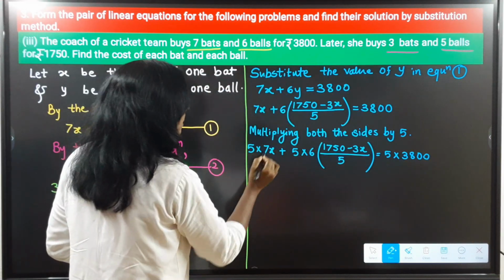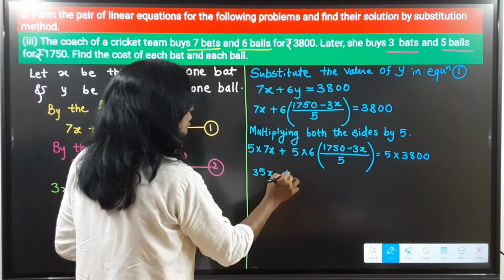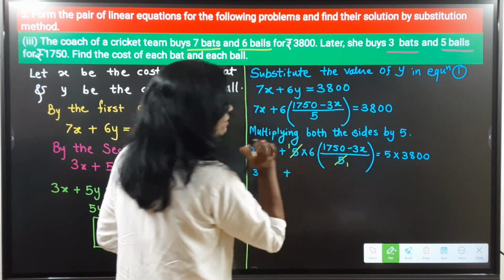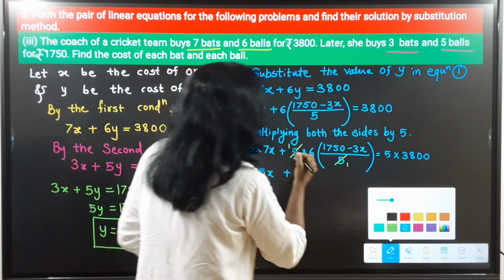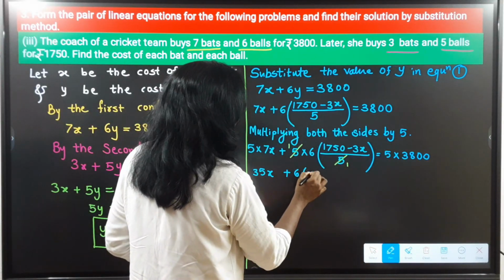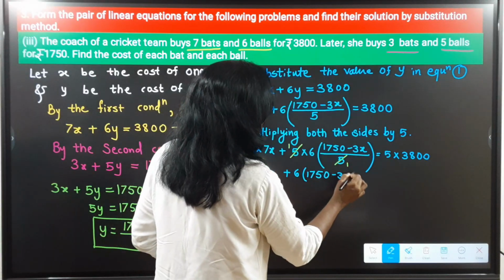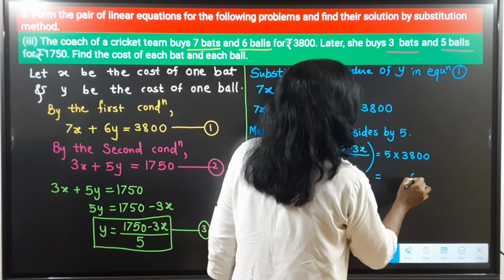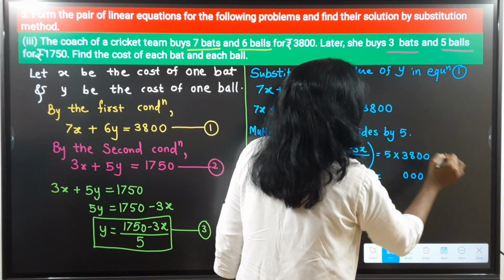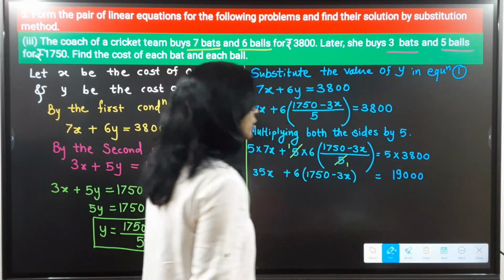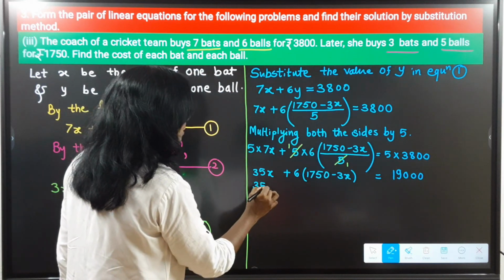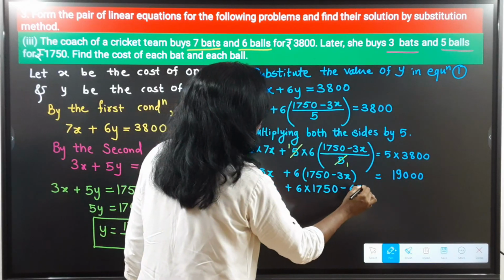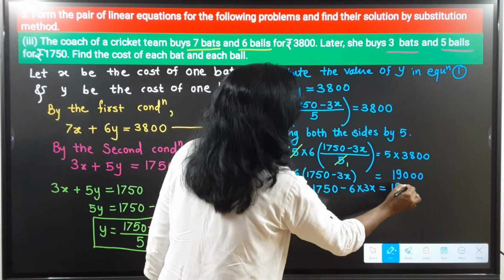Now, students, 5 sevens are 35x, plus here the 5 cancels: 5 ones are 5, here also 5 ones are 5. So 6 multiplied by (1,750 minus 3x) is equal to 38 into 5, which is 19,000. So 35x plus 6 multiplied by 1,750 minus 6 multiplied by 3x is equal to 19,000.